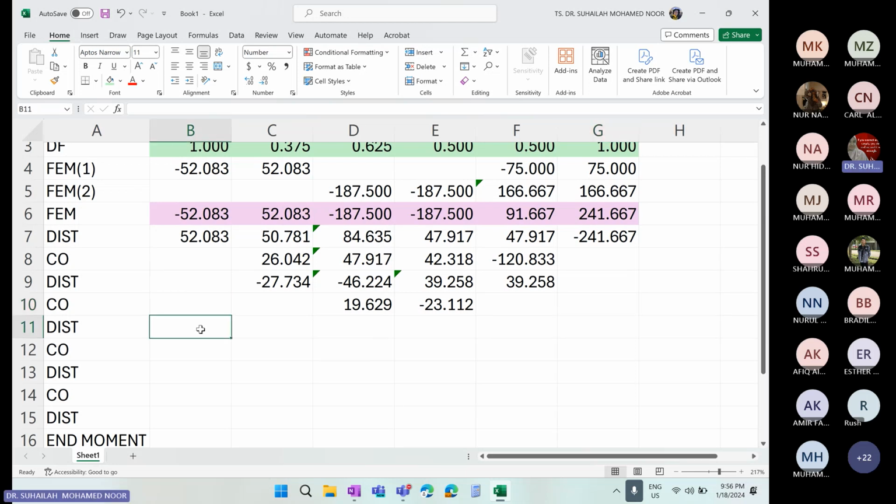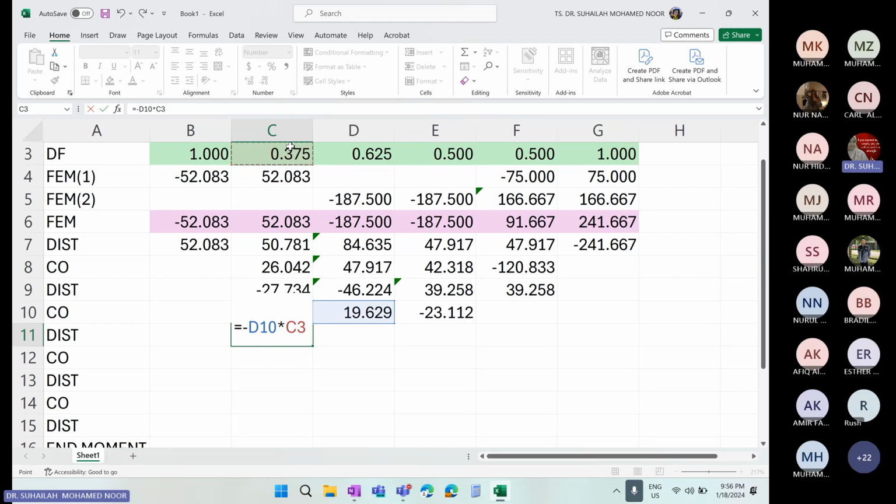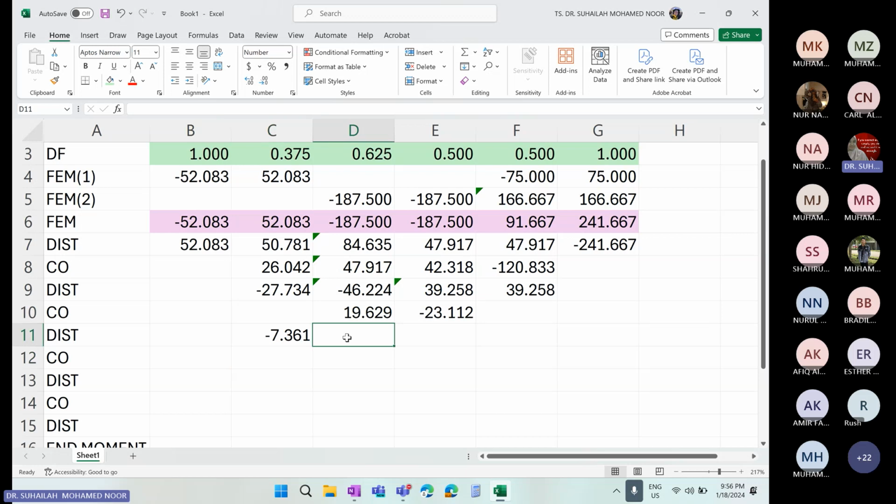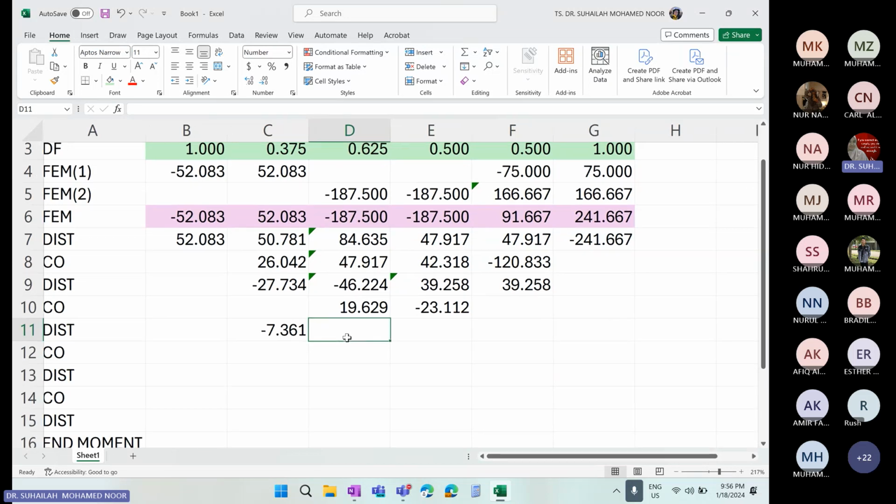Okay, so next is distribution. Negative, negative total 0 and 19, times with factor 0.375. So we get negative, because the one above is positive, right? So the one below is negative. Now we get only from one position from BC.